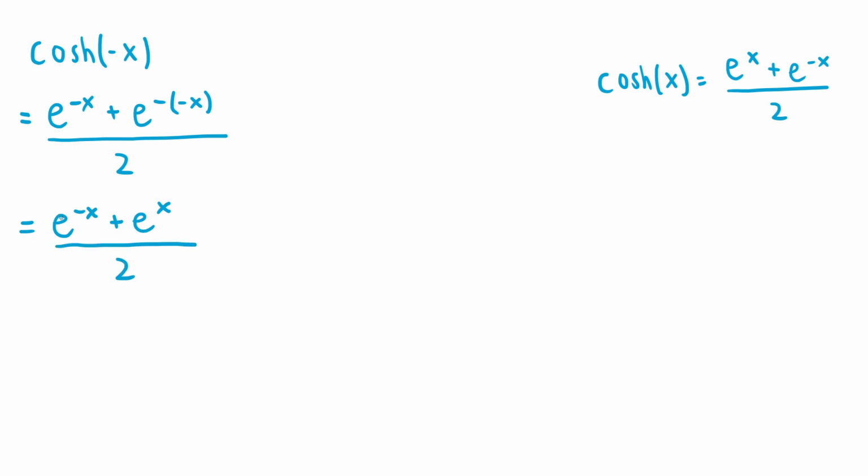Well, if we rearrange the terms, this can be rewritten as e to the x plus e to the negative x over 2, and this is exactly the definition of cosh of x, which is e to the x plus e to the negative x over 2. So this just equals cosh of x. So we started with cosh of negative x, and we ended up with cosh of x. So we have confirmed that cosh of negative x equals cosh of x.